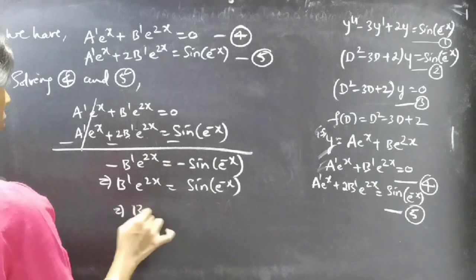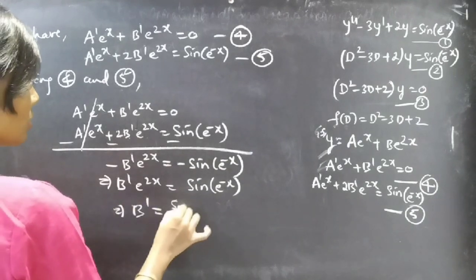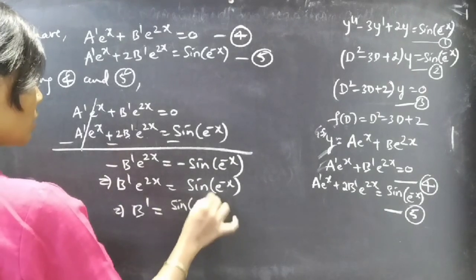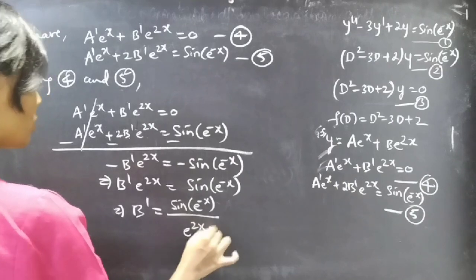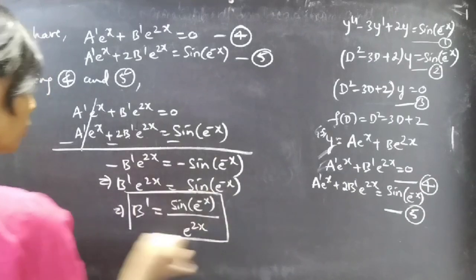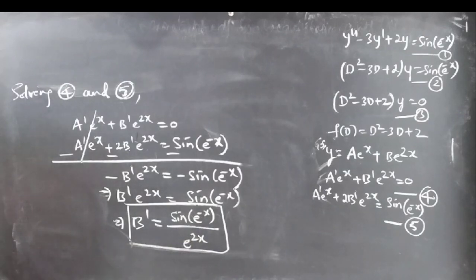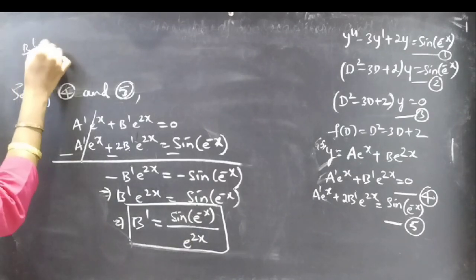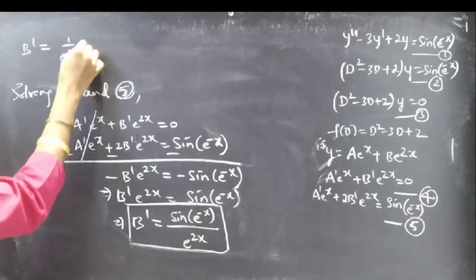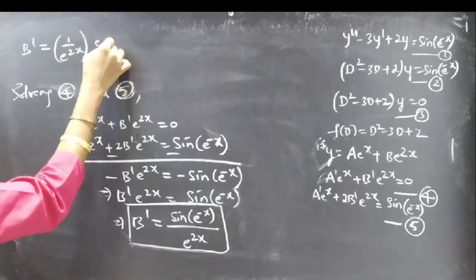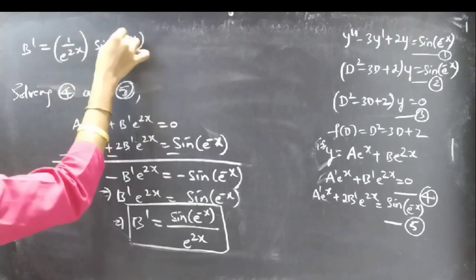From this we'll get b dash equals sine of e power minus x by e power 2x, or we can write it as b dash equals 1 by e power 2x into sine of e power minus x.